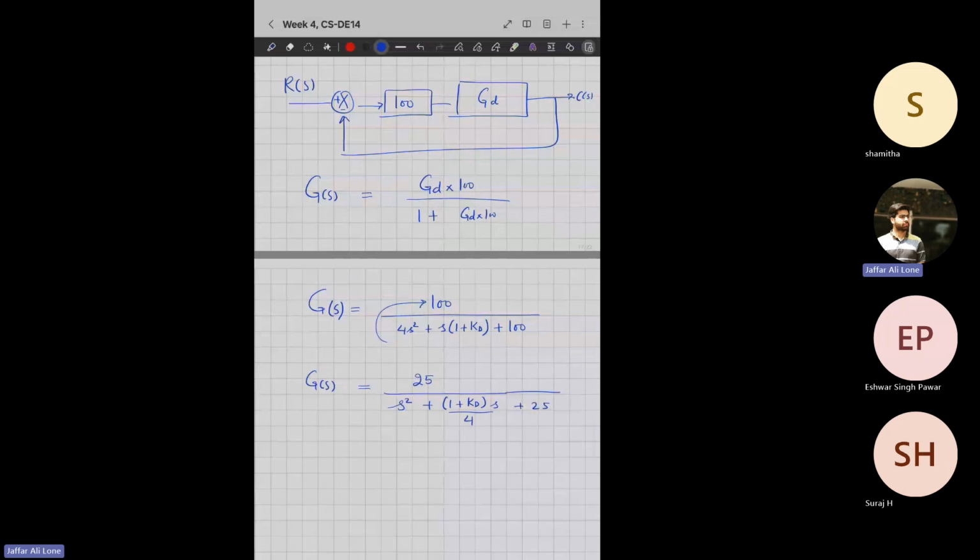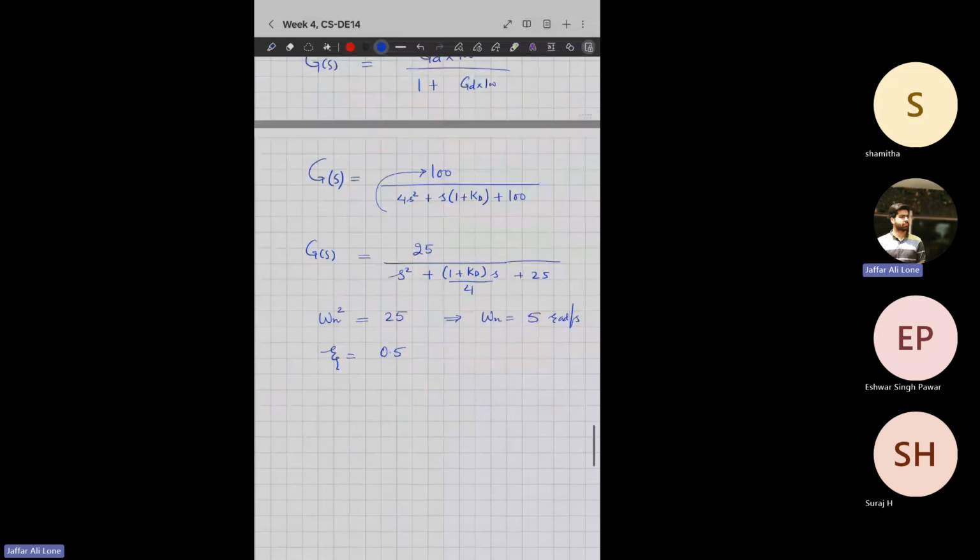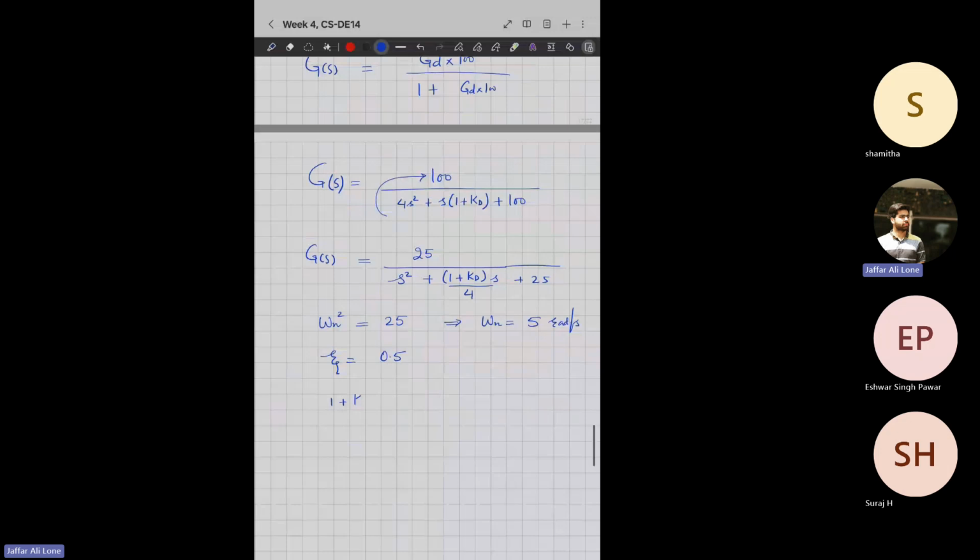So when it is in standard form, what is the value of omega n? Omega n square is 25. It implies my omega n is 5 radians per second. And also my zeta is 0.5. Then (1 plus KD) by 4 is equal to 2 zeta omega n.